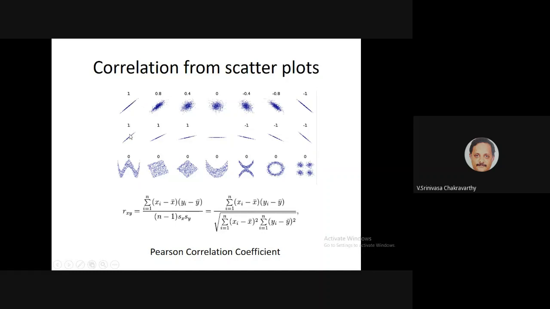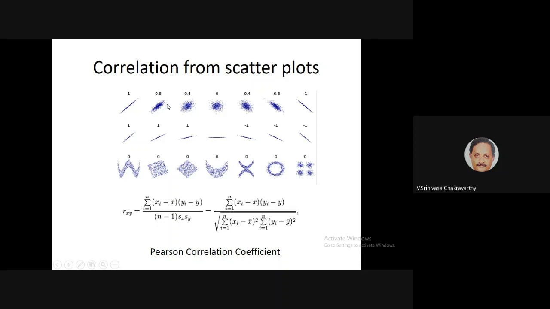In the second row, the features are all linearly related, but the slope is different. In all the cases on the second row, the two variables x and y are linearly related, but the slope is different. But the coefficient is the same, so it doesn't distinguish between high slope and low slope, because the way the correlation coefficient is defined, it doesn't distinguish it. That's what it's trying to show.